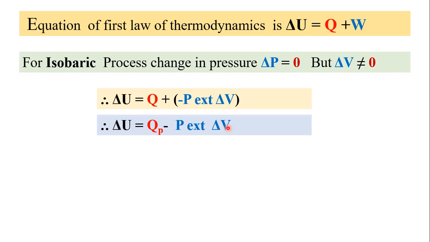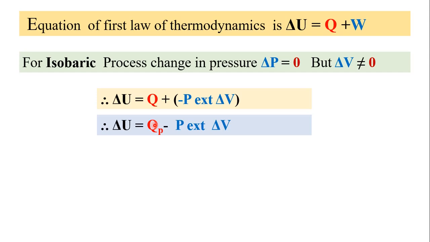Now if you rearrange this equation, QP is there. QP means heat supplied to the system or released from the system at constant pressure, so subscript P is there.